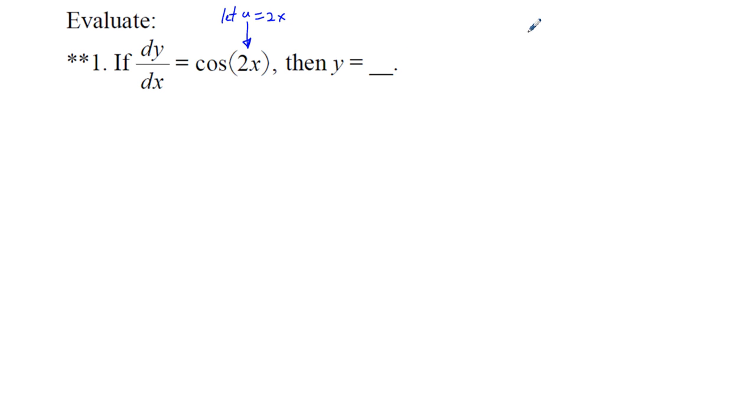So I'm going to come over to the right and say u is equal to 2x. And then taking the derivative of both sides, we have du is equal to 2 dx. And since in the original function we're going to have to solve for dx, if we divide by 2, dx is equal to du over 2.